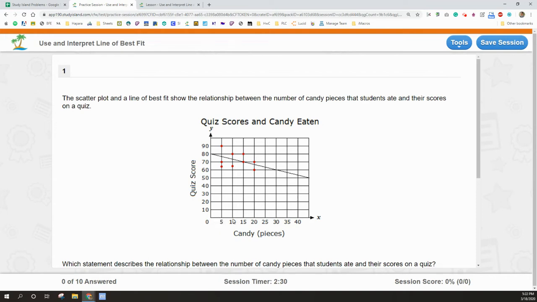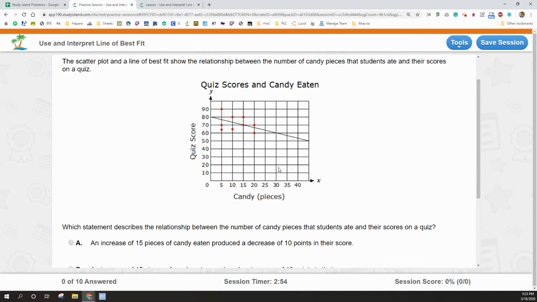So if you go over 3 of them, that's 3 times 5, just 15. So going down 10 points in a quiz score corresponds with 15 candy pieces more being eaten. Right here, if I go down another 10 points and over another 15 candy pieces to 30 candy pieces, we have another point, and then another 15 candy pieces corresponds with another decrease of 10 points of quiz score.